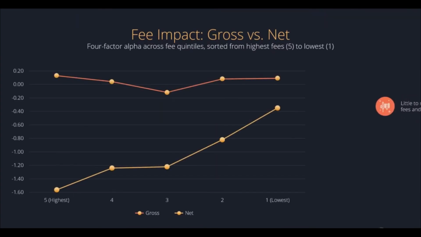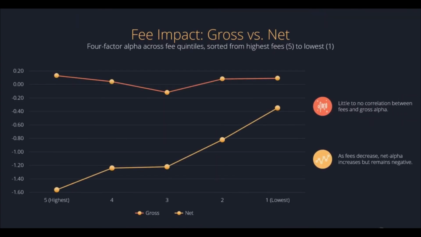Okay, so this was looking at what I mentioned before in terms of whether or not managers that charge a higher fee are going to generate higher returns.